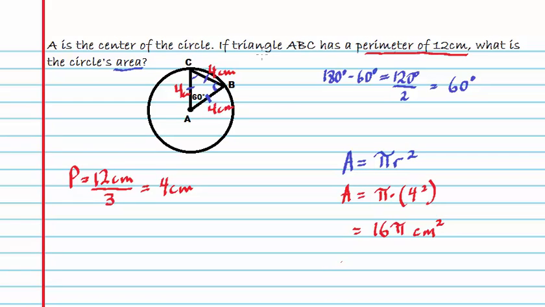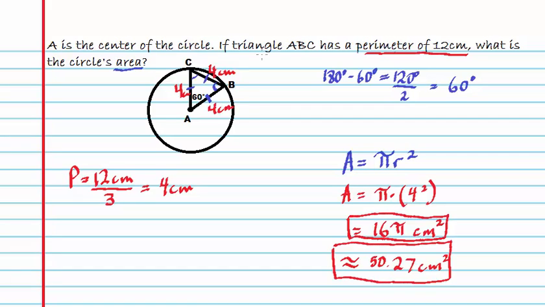If my question asks for an approximate answer, 16 times pi is approximately 50.27. So in conclusion, either one of these boxed in answers would be acceptable answers depending on how specific your directions were.